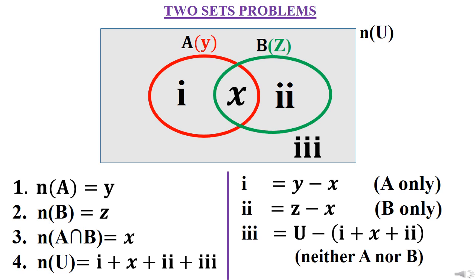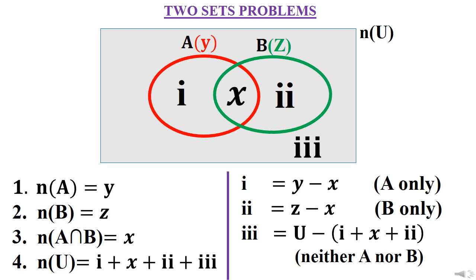Now for number of U, it is also everything that we can see in the rectangle. So when we are asked to find the total number of members, we add everything that we can see in the rectangle. So we have I, X, II, III. For the number of U, that's everything that we can see within the rectangle.